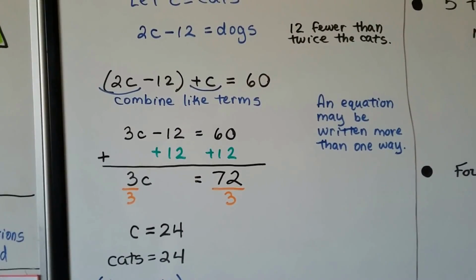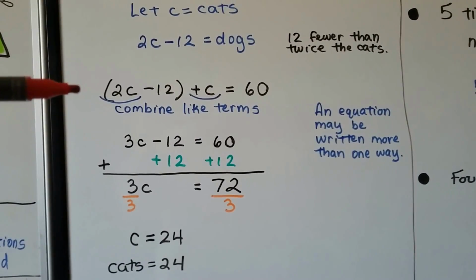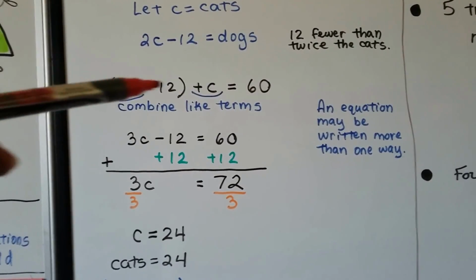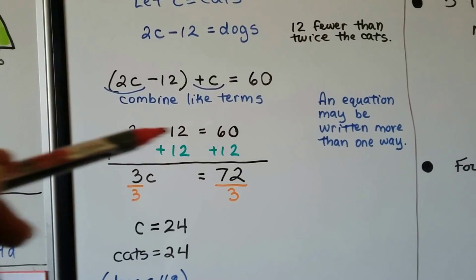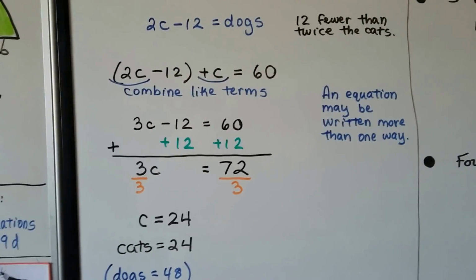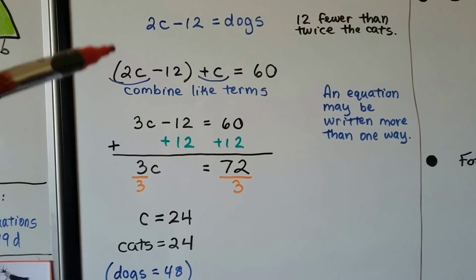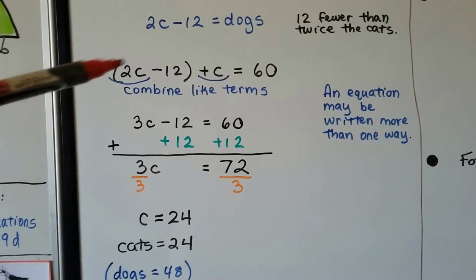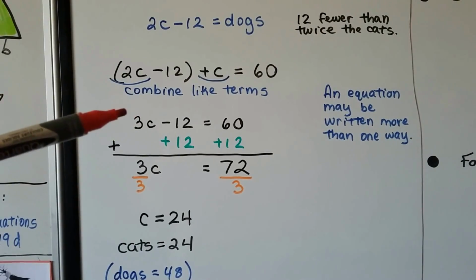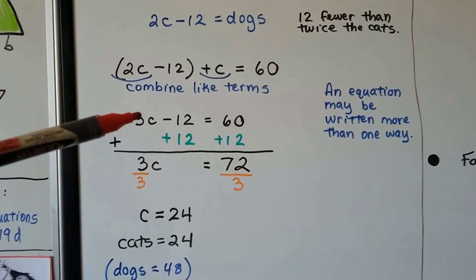So you might see it on the test say which equation fits this problem, and it could be written like this, or it could have already combined the like terms and it might be written like this. So look at it very carefully, okay? If you see it written like this, well, then that makes sense, right? But if you see it written like this, say, well, what happened here? Oh, they combined like terms.